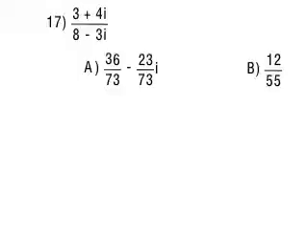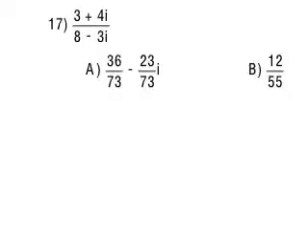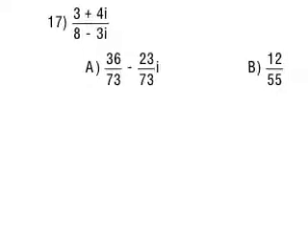Because we want to clear the imaginary number from the denominator, the conjugate for 8 minus 3i is 8 plus 3i.